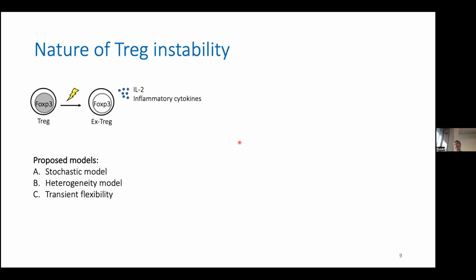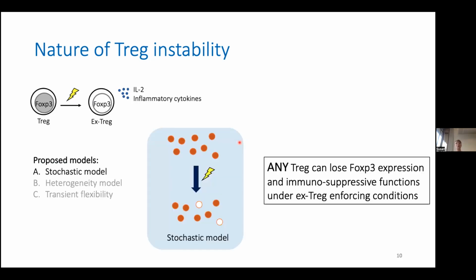So that's why likely we need a more holistic model or more context-dependent look at Treg stability. The stochastic model suggests that basically any Treg can lose FOXP3 expression and the immunosuppressive function if it's found under destabilizing conditions.